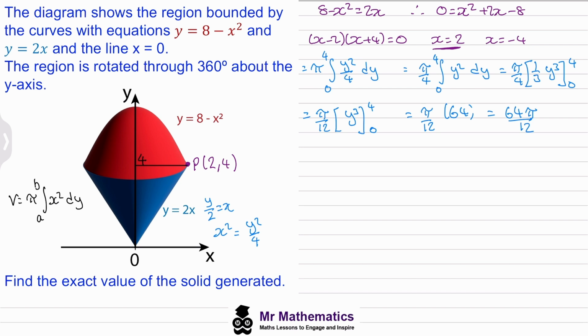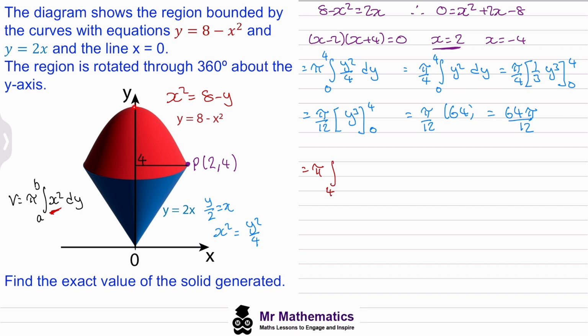Now we need to work out the volume of the red solid on top. Again, we need to make x squared the subject of this equation. So we'll move the negative x squared to the left-hand side and the y to the right-hand side. So we get x squared will equal 8 minus y. Substituting this into the equation, this will be pi multiplied by the integral between 4 and 8 of 8 minus y dy.